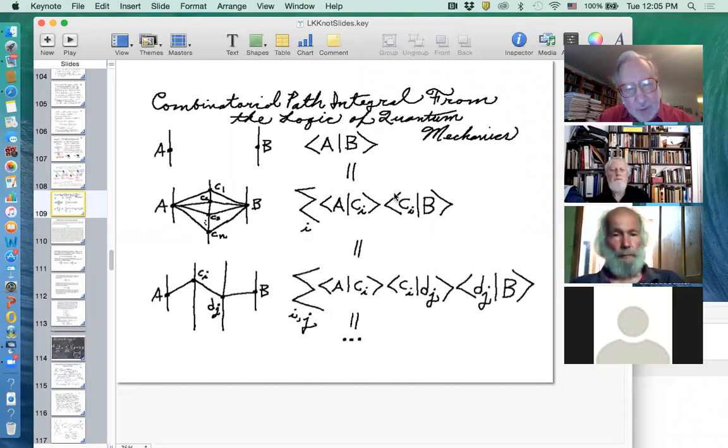If you want to know the probability amplitude for going from A to B, perhaps you know it by some means. But suppose you also know that there are a bunch of intermediate possibilities that could happen. You might go from A to C1, or from A to C2, or from A to Cn.